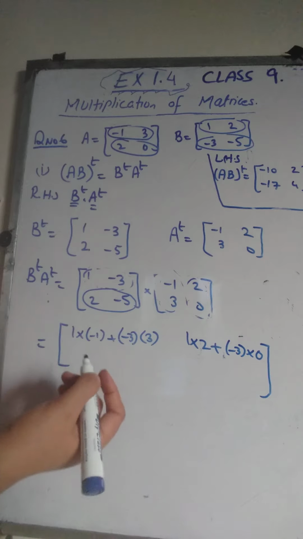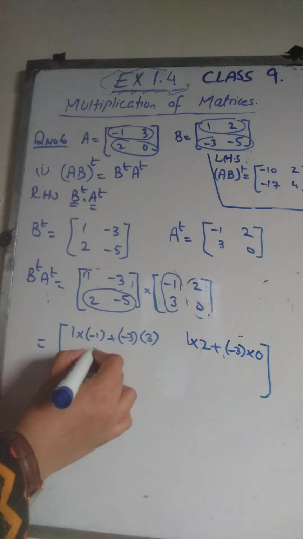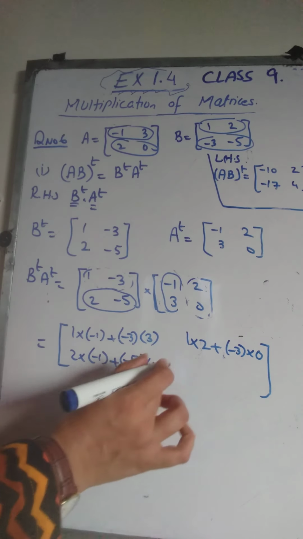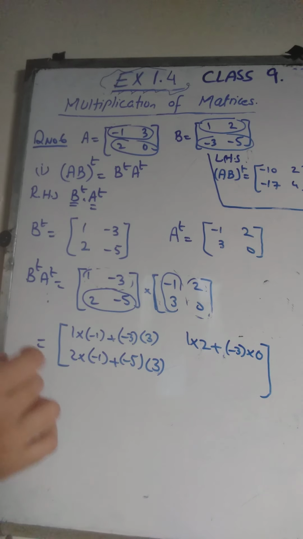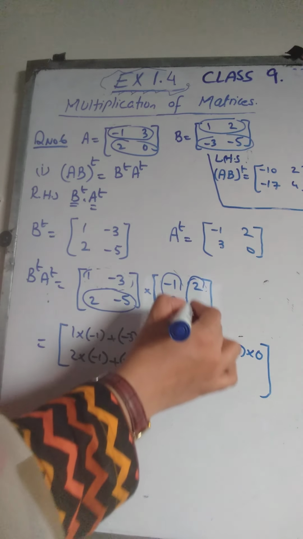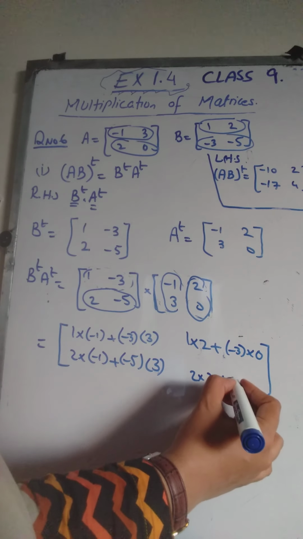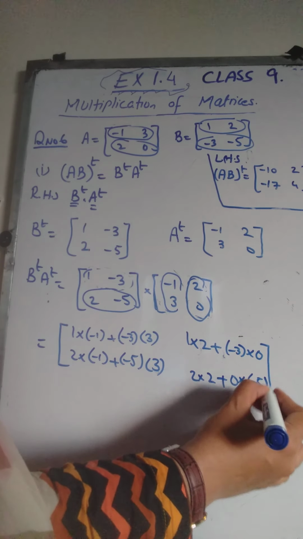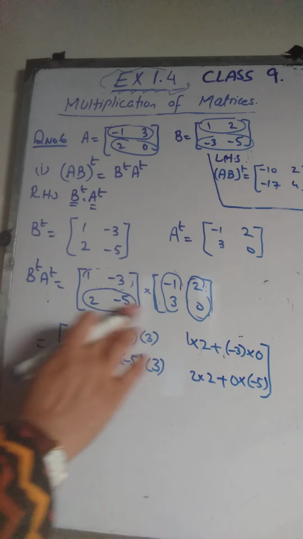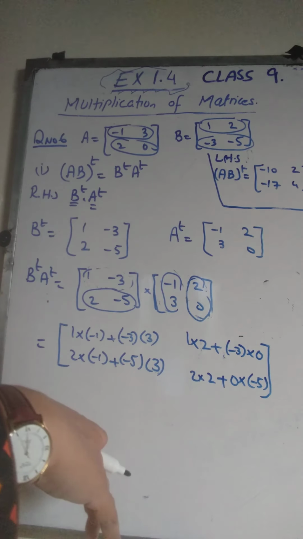Second row with first column, this will be 2 into -1 plus -5 into 3, and then the multiplication of second row with the second column, 2 into 2 plus 0 into -5, or -5 into 0, that's the same thing.